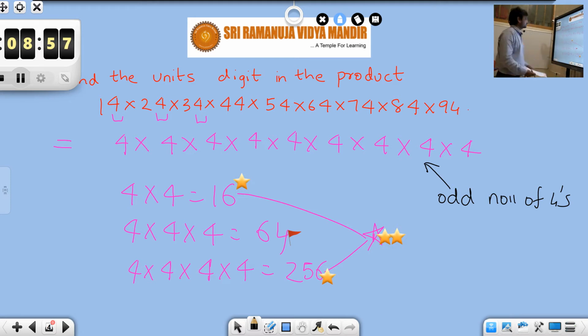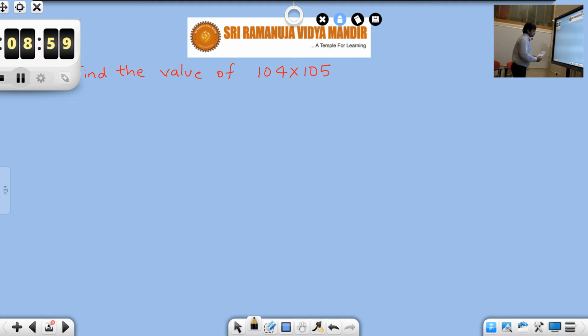Let's look at another question. Find the value of 104 into 105. Again students, this is the same thing I have discussed with you in the class, and I have also given this question in the assignment itself. If you observe, these numbers are pretty close to 100.